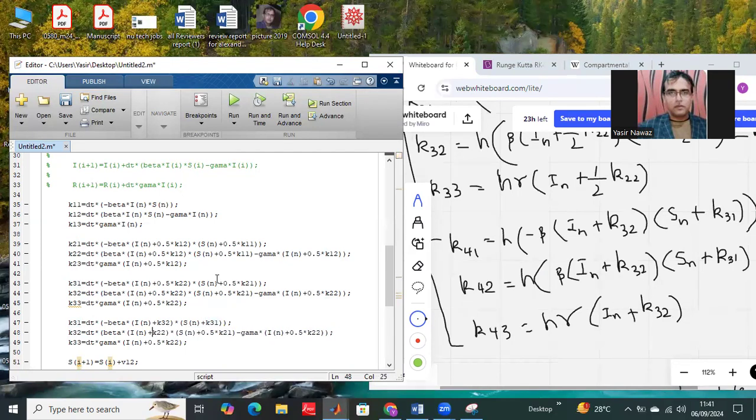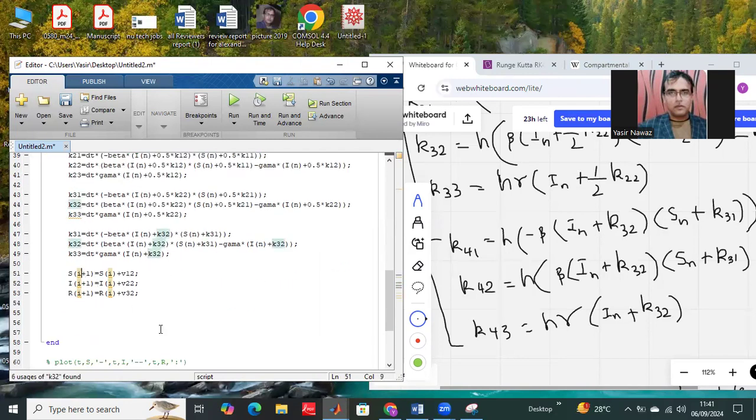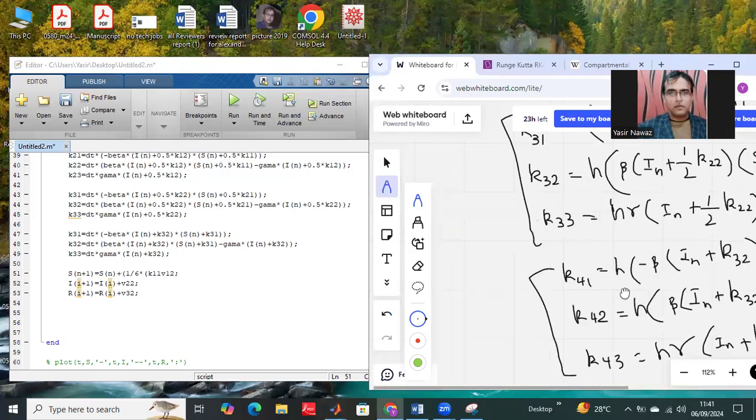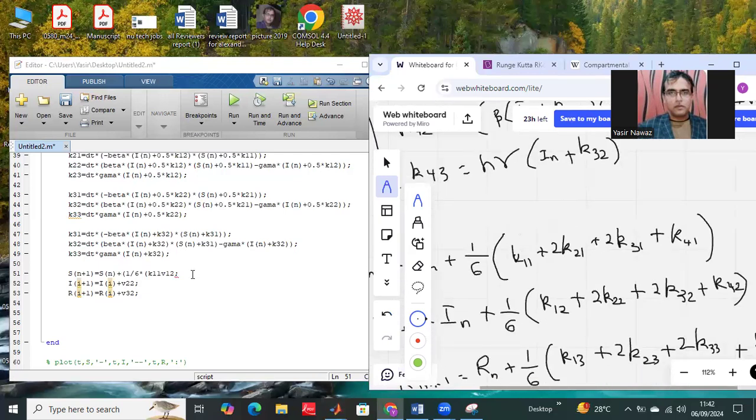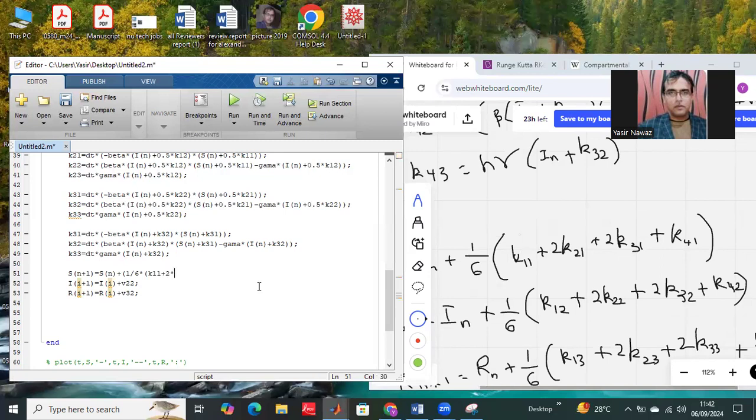And here for In it is K3. The solution will be found as Sn plus 1 is equal to Sn plus 1 by 6 of K11 plus 2 K21 plus 2 K31 plus K41.